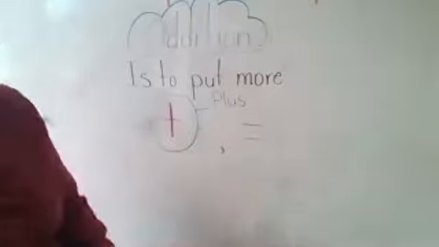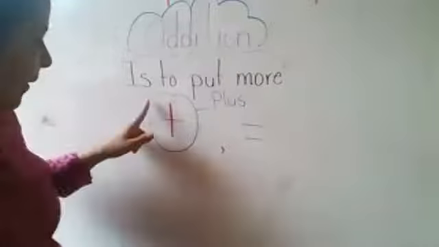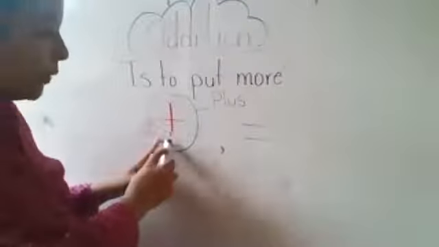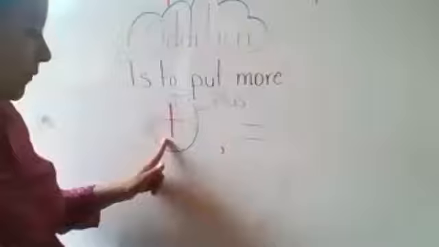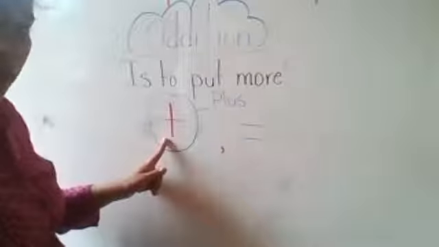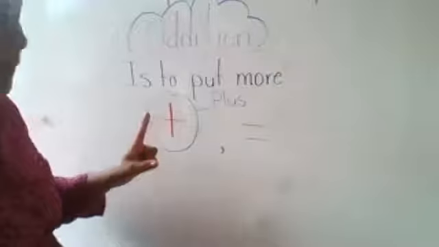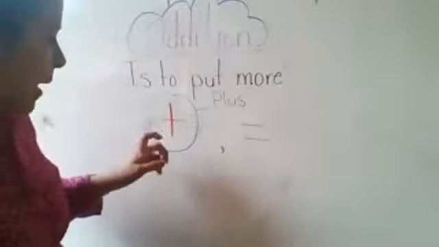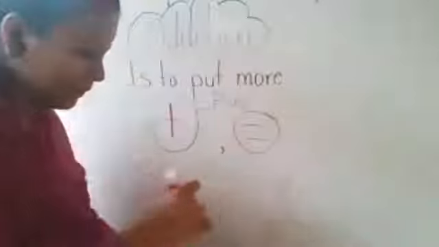So it is important to keep in your mind that this is just for addition, and we call it plus. It looks more like a cross, como una crucita, but it is not a cross. It is plus.